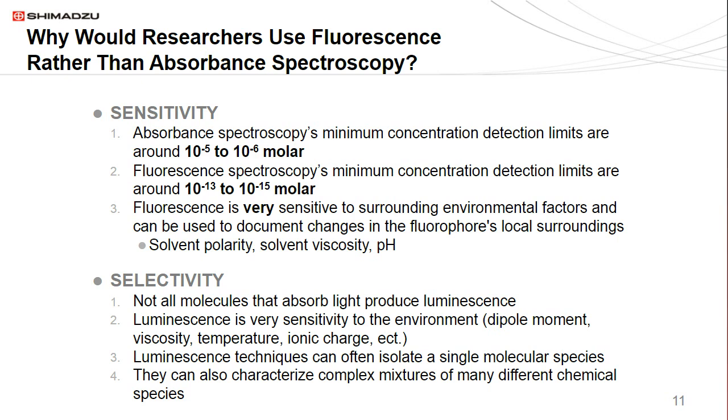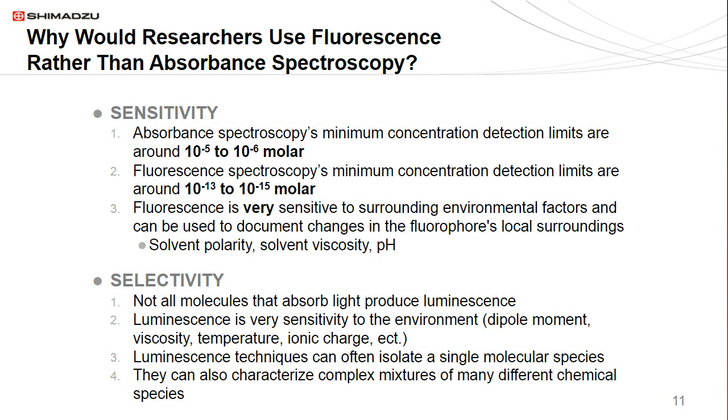First, sensitivity. Absorbance spectroscopy's minimal concentration limits are somewhere around 10 to the minus 5 to 10 to the minus 6 molar. For fluorescence, it can be as low as 10 to the minus 13 or 10 to the minus 15 molar, almost 10 orders of magnitude more sensitive.